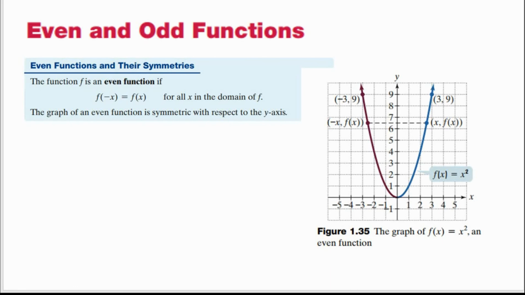So here, if it's an even function, that is f of negative x is the same thing as f of x. Well, that's what happens to x squared. We said that this guy was symmetric with respect to the y-axis. So symmetry with respect to the y-axis is synonymous to the function being an even function. They're saying the same thing.